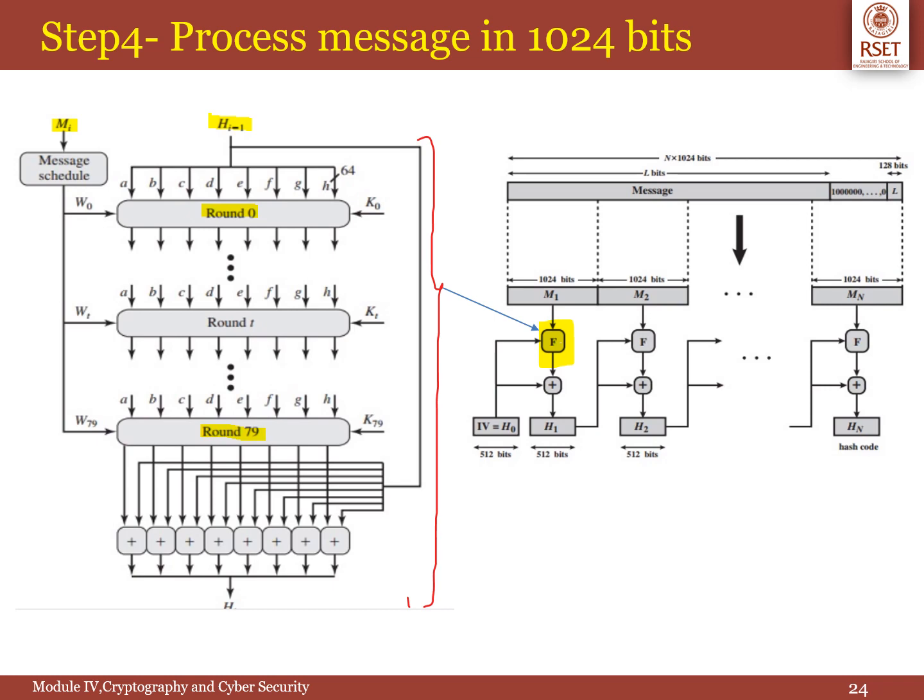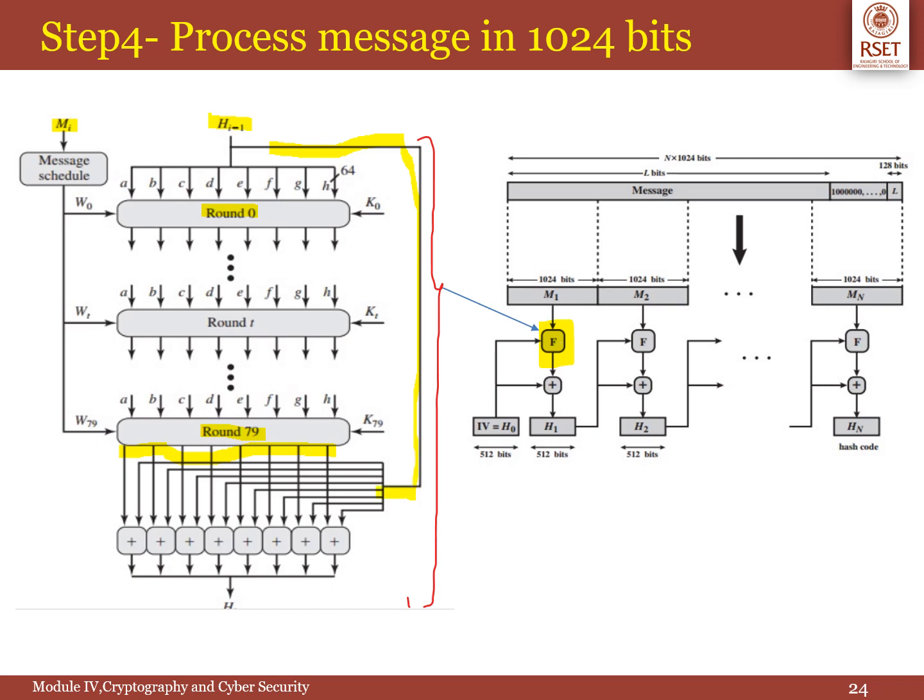So here we can see the output of the 80th round. It will be a 512-bit output, and this output of the 80th round is added with the output of Hi minus 1. See, here we are adding it up.